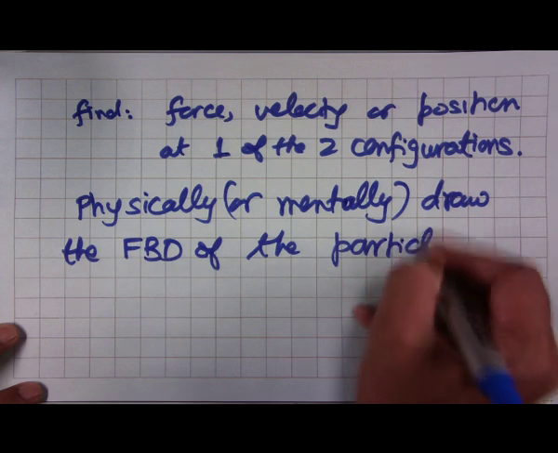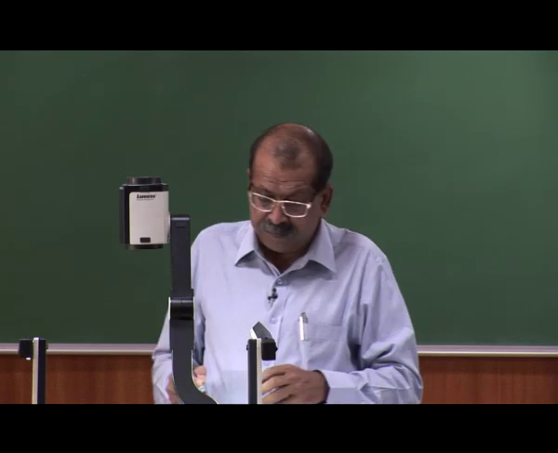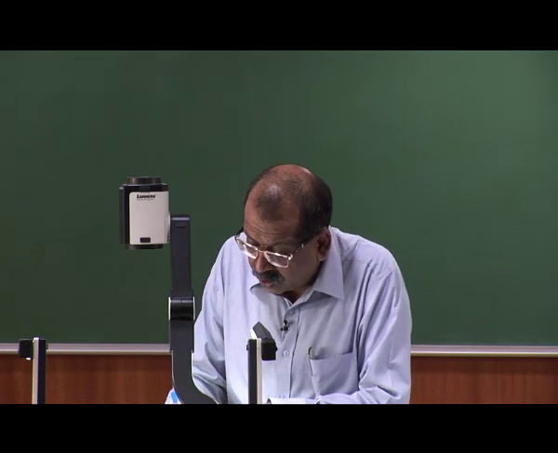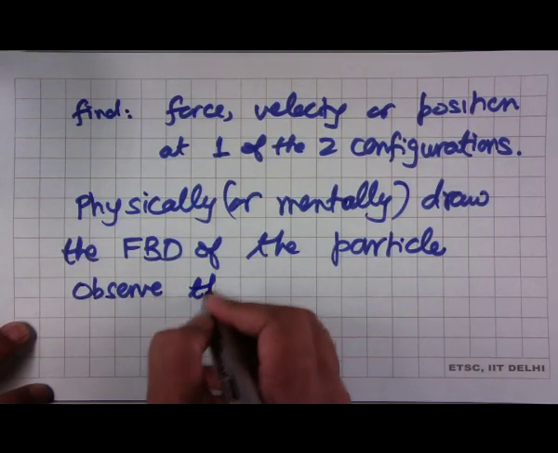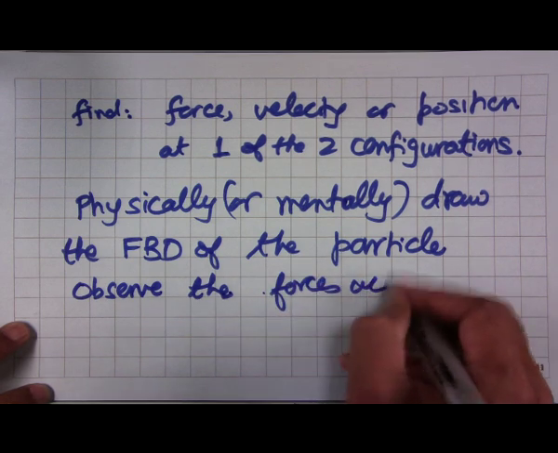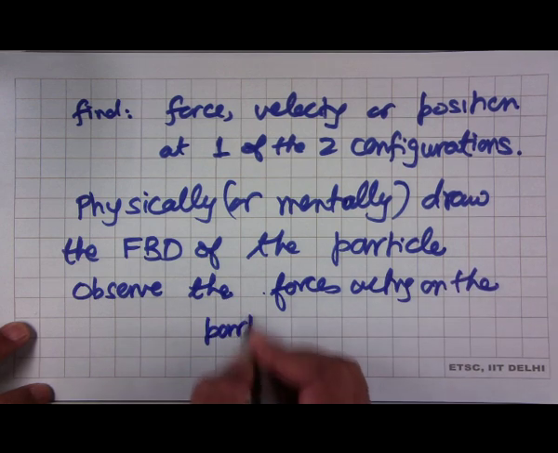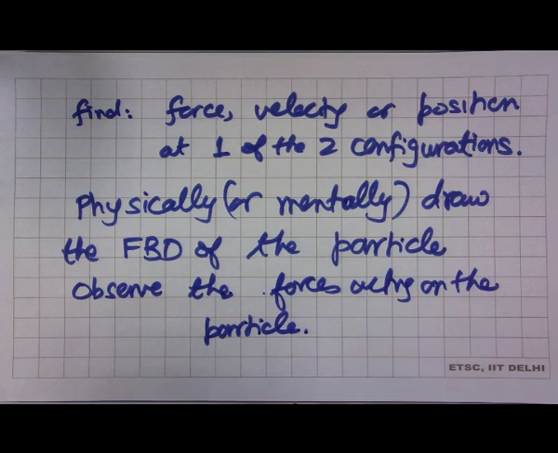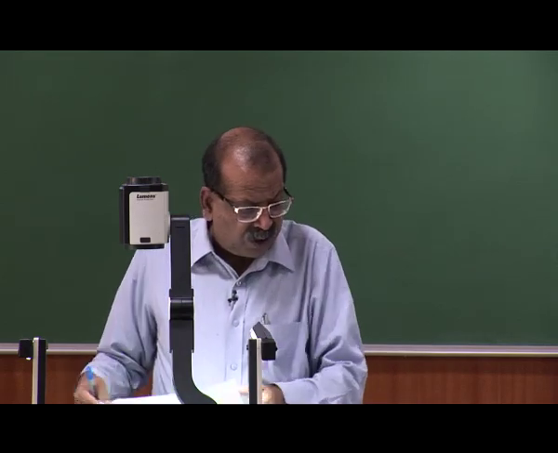So, the particle which is moving, the block which is moving, you draw the free body diagram. And when you draw the free body diagram, you will observe the forces acting on the particle. This is what a free body diagram does. It shows you all the forces acting on the particle.